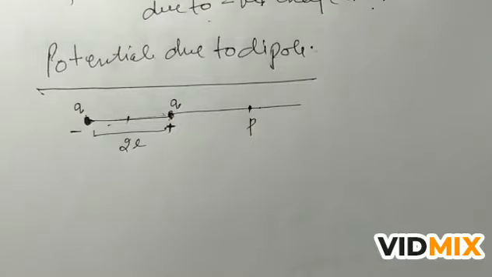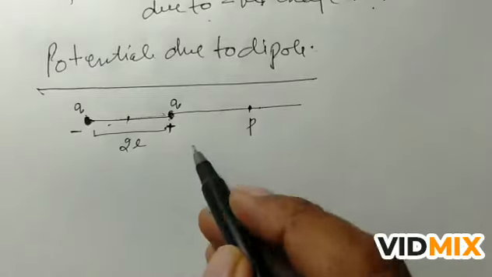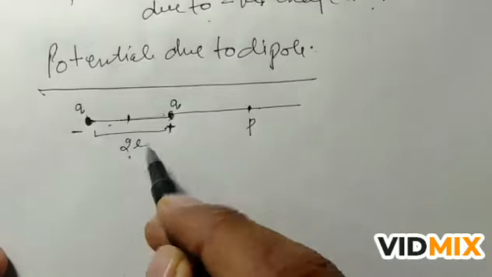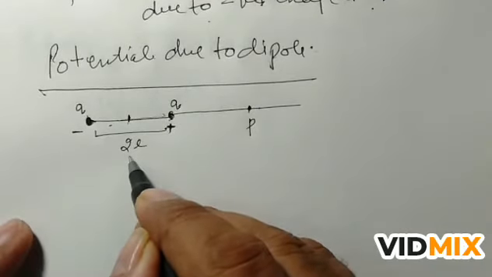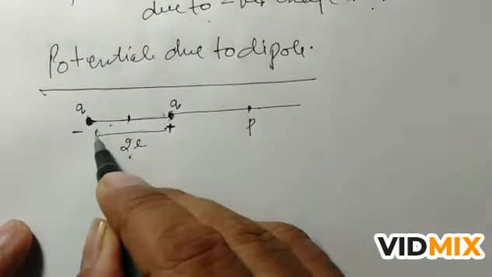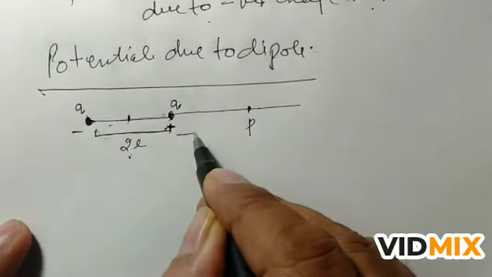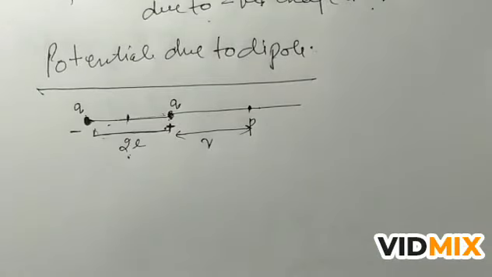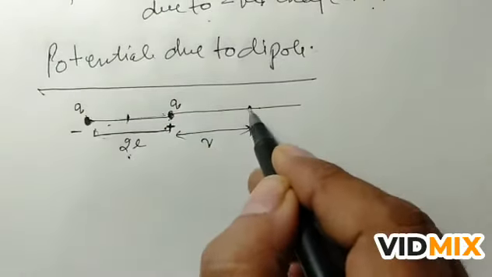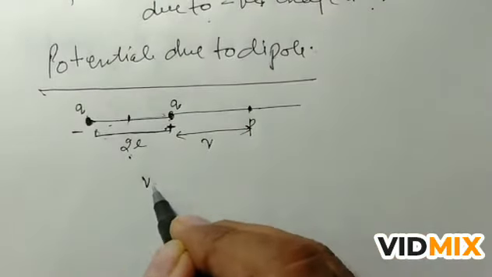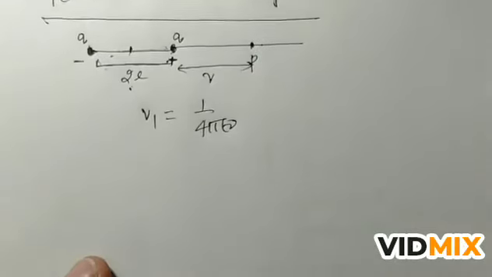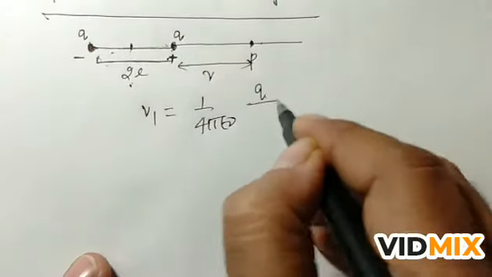So let this point be at distance r from the center. This is the center of the dipole. This is 2L, and this is the point, this is r. So the potential due to this charge at point P is V1. V1 is equal to 1 upon 4 pi epsilon naught Q by r.